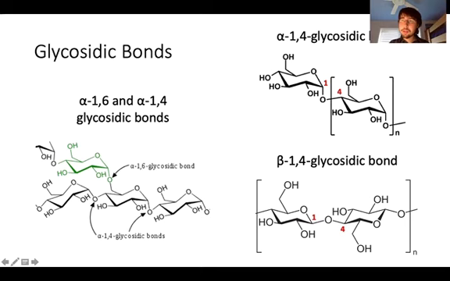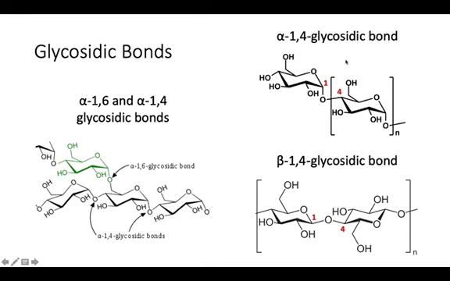So let me hide my video panel so you can see this better. So in this type of glycosidic bond, first we look at the 2 carbon atoms that it connects.